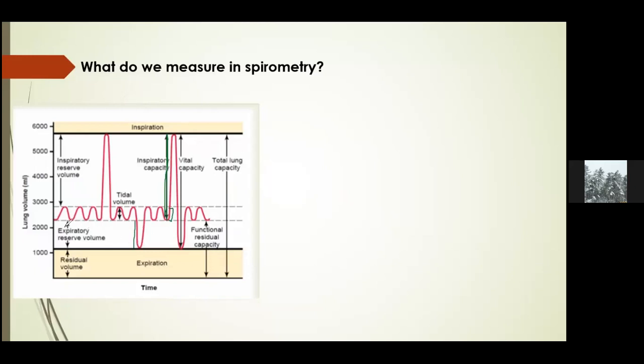That is referred to as the reserve volume for expiration. So expiratory reserve volume is over and above the tidal volume, the amount of air you can remove over and above the tidal volume.